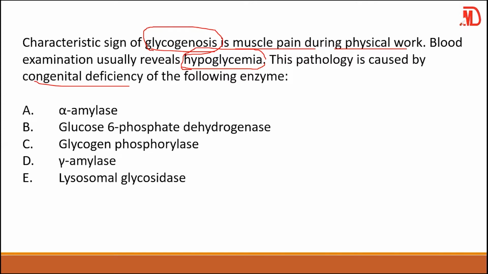What it means is that when the glucose was stored, the enzyme that helps with the release of the glucose is impaired. And that enzyme is called glycogen phosphorylase.